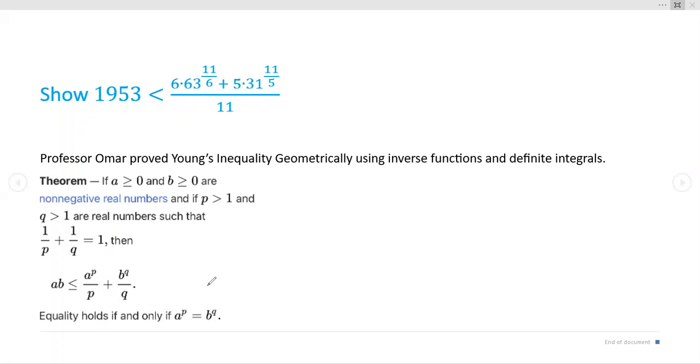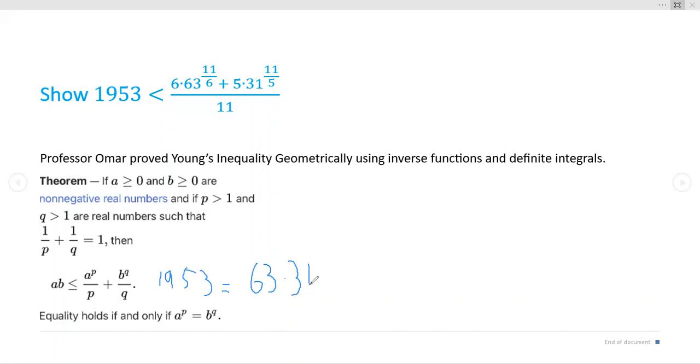So the first thing to notice is that your 1953 is actually equal to 63 times 31.